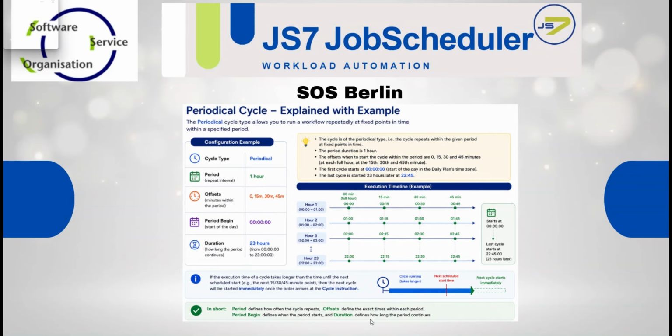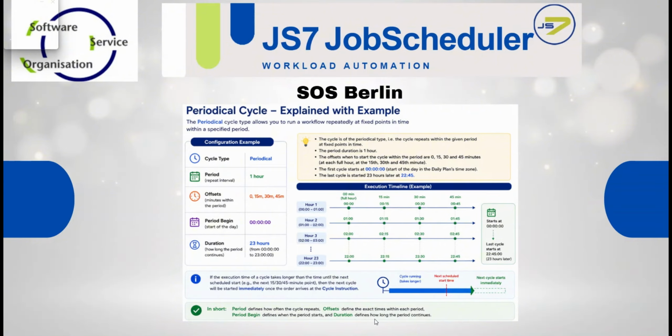So if the period begins at midnight, the execution schedule looks like this: 0, so at midnight, then 15, then 30, and 45 after midnight. Then the same pattern repeats every hour.